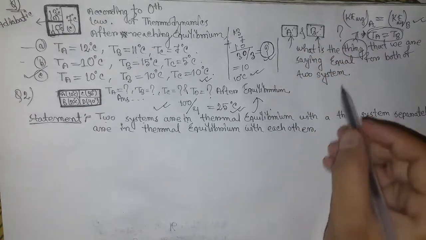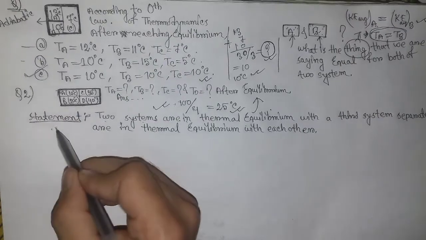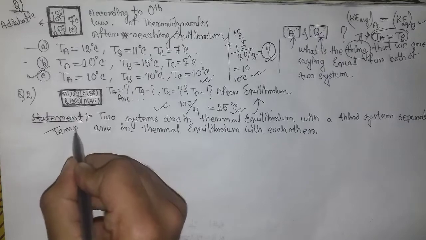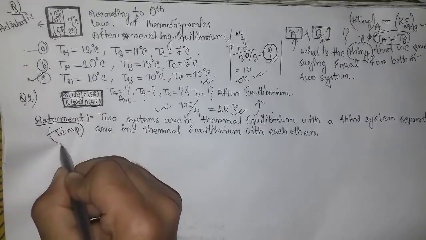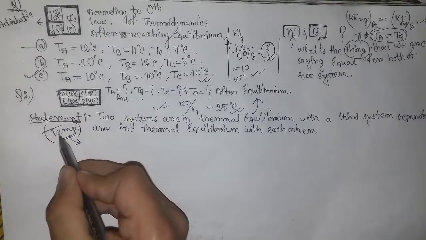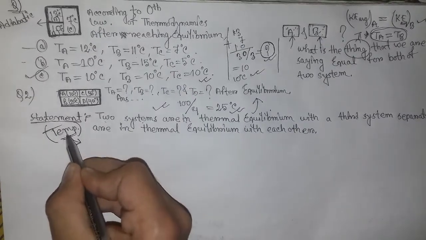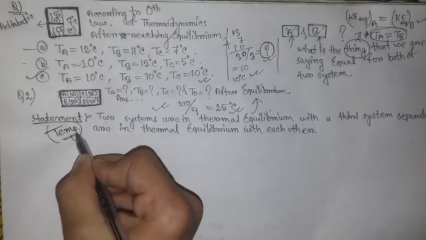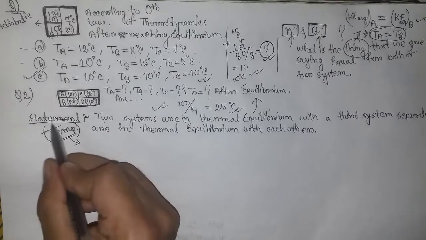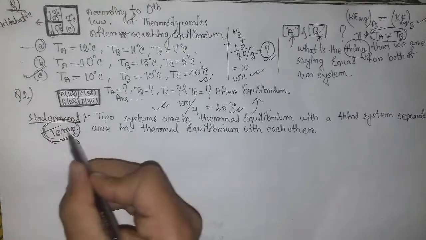That means the Zeroth law gives the idea about temperature. The point is that the Zeroth law first gives the idea of temperature. Before the Zeroth law there was no such thing as temperature.